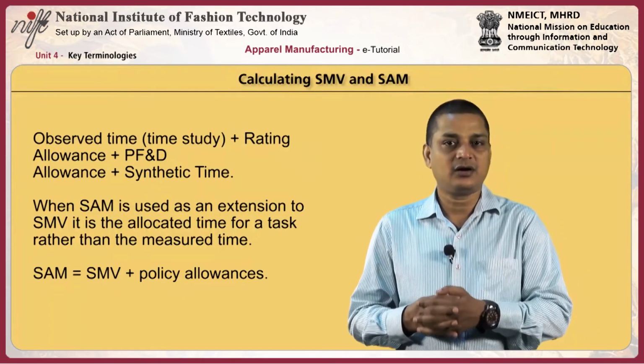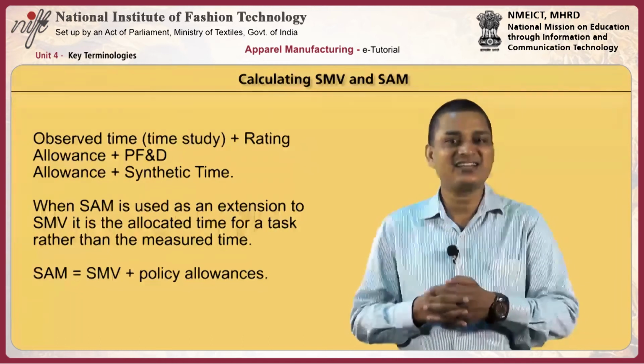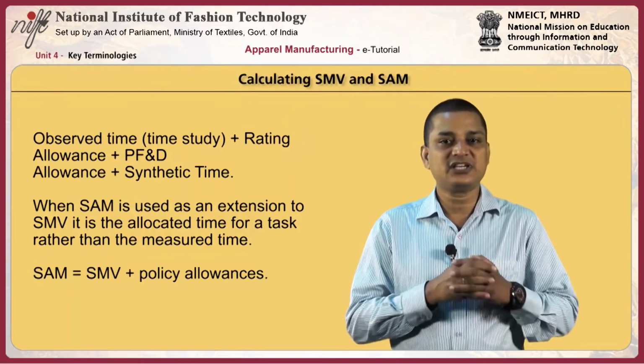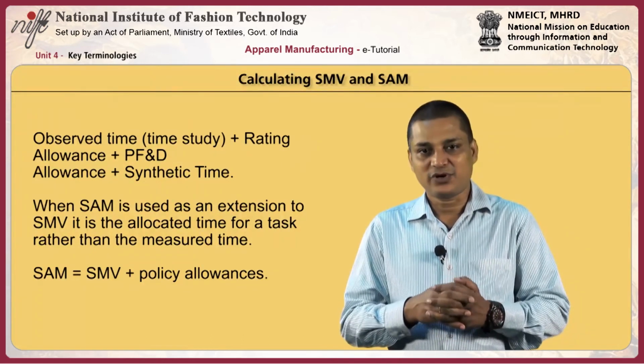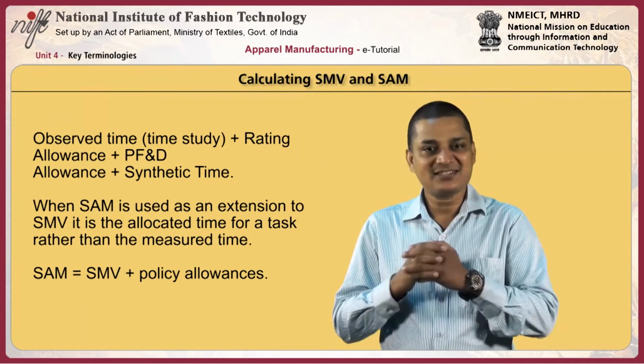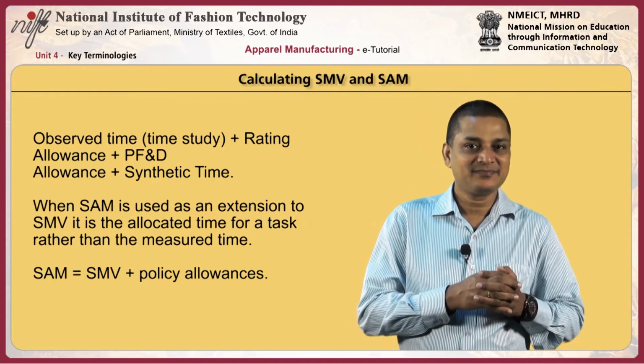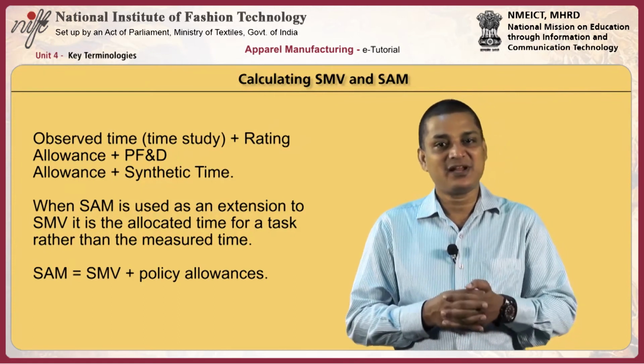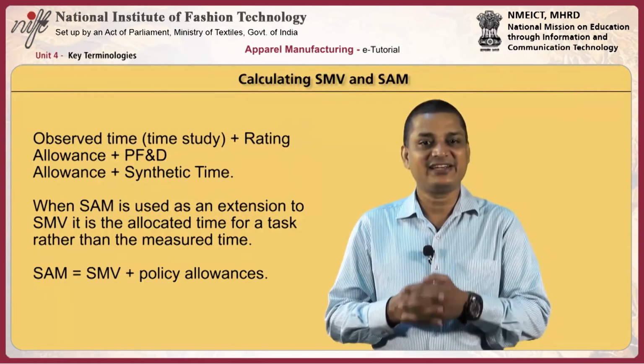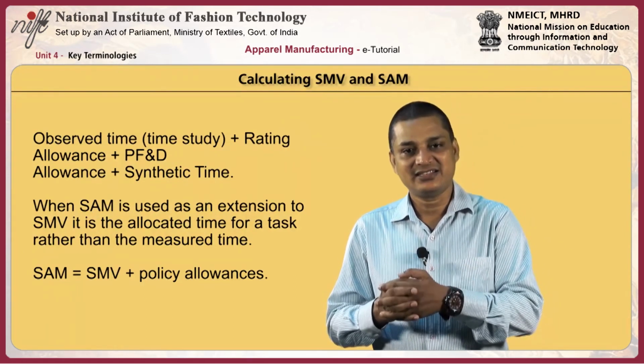Standard allowed minute or single minute value is generally calculated as observed time, what was measured during the time study, plus rating, allowances, plus personal, fatigue and delay allowances and synthetic time.